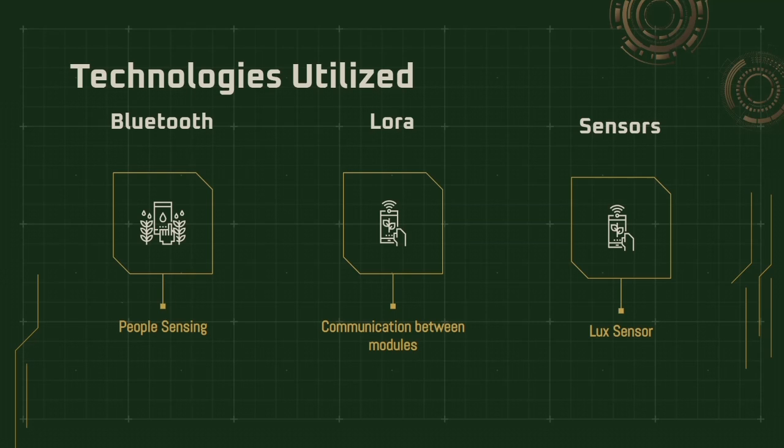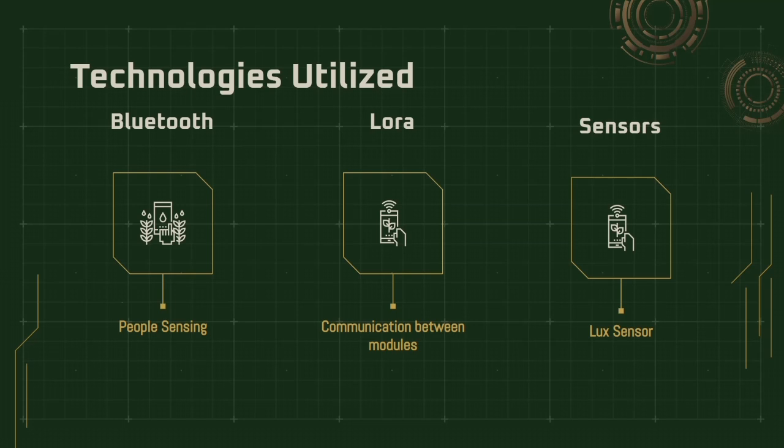To achieve this, we use several communication protocols and technologies. For our people sensing, we're using Bluetooth to check for people instead of a microwave sensor, because it's significantly more cost efficient.